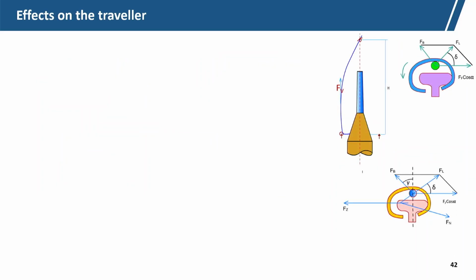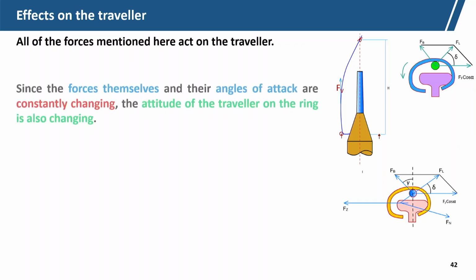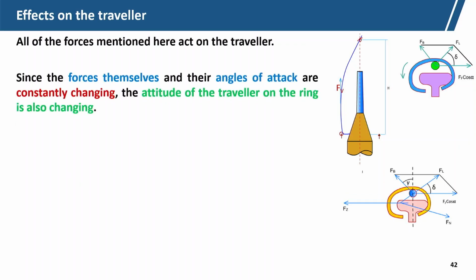Now, we can see the effect of the traveller. What we have seen is the effect of air drag, now the effect on the traveller. All the forces mentioned here act on the traveller, since the forces themselves and their angle of attack are constantly changing.